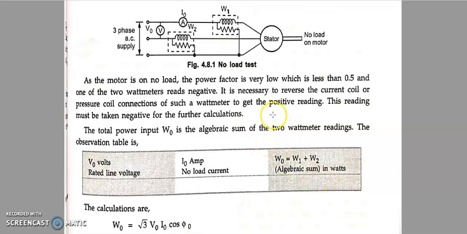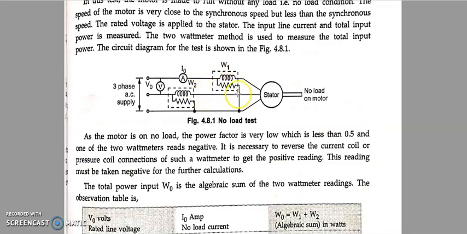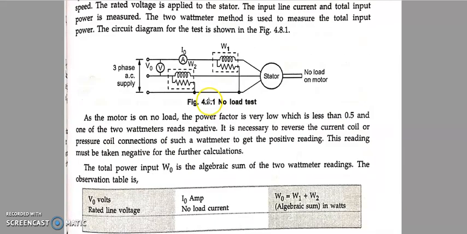Since your motor is running at a lagging load, one of your meters will read negative. Make sure you change either the current coil or the potential coil so that it reads positive, but you have to take that reading as negative.